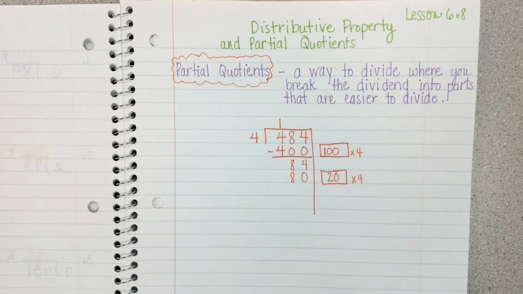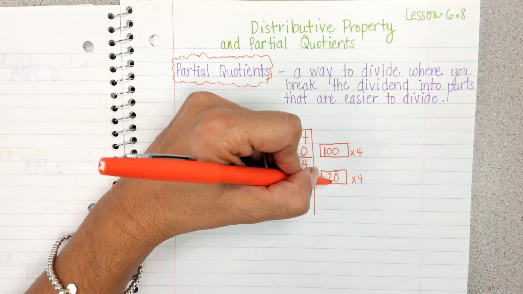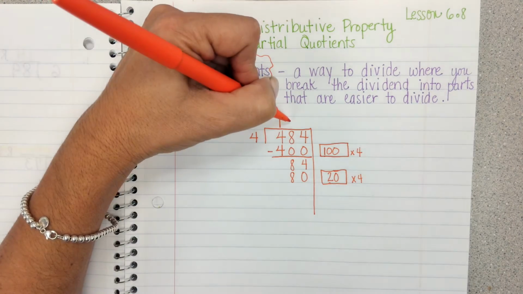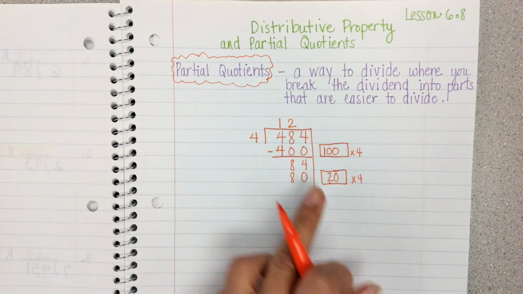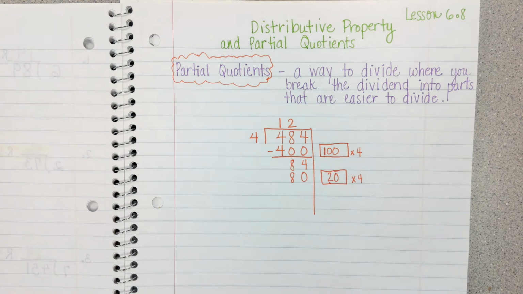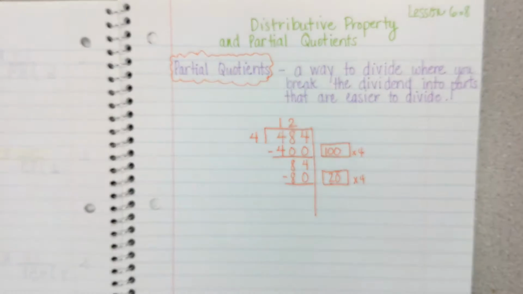That's close enough. The value of the 2 in the tens place is 20. So you just need to put the 2 in the tens place, and it's worth 20. And now you subtract.